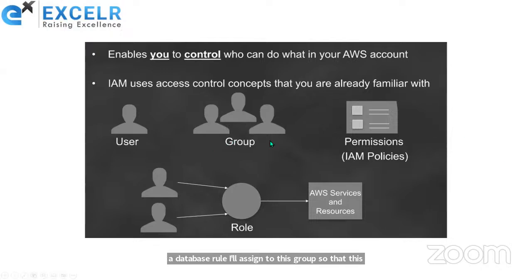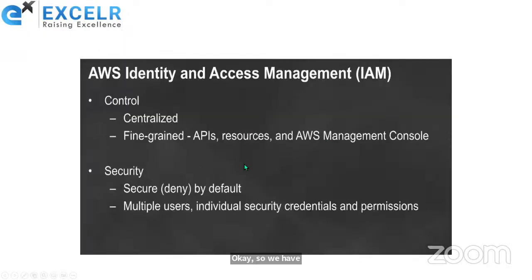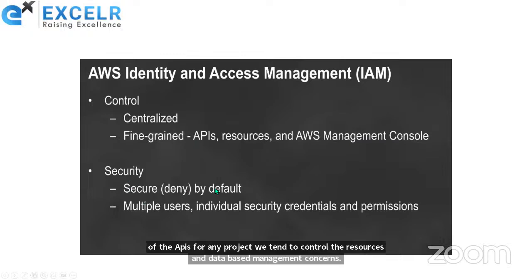Okay. So we have users, groups, roles, and permissions within IAM. Even this is one of the important topics. AWS Identity and Access Management is a controlled, centralized architecture with fine-grained APIs. It does have APIs. It works with the linkage of the APIs for any projects to control the resources and the AWS management console. And security-wise, it is deny by default.